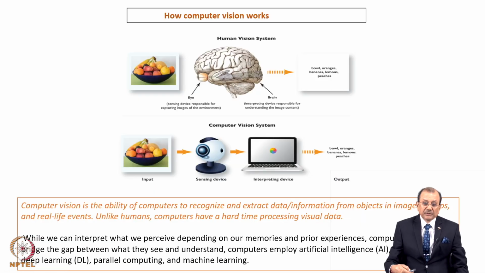Now, if we like to see a layman's picture of AI, and compare the difference between how the human vision system works and how the computer vision system works. When we see any object, say some fruits, we are able to recognize whether it is a banana, or an orange, or an apple.